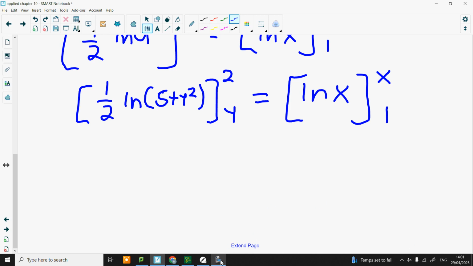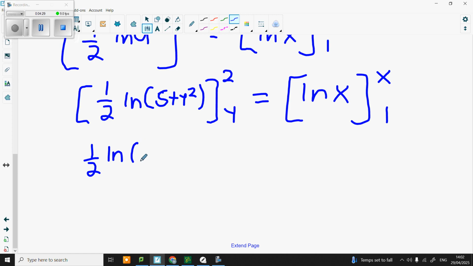Give me a sec. Okay. So we're going to integrate this now, yeah? So, would you agree it's going to be a half ln 5 plus y squared?